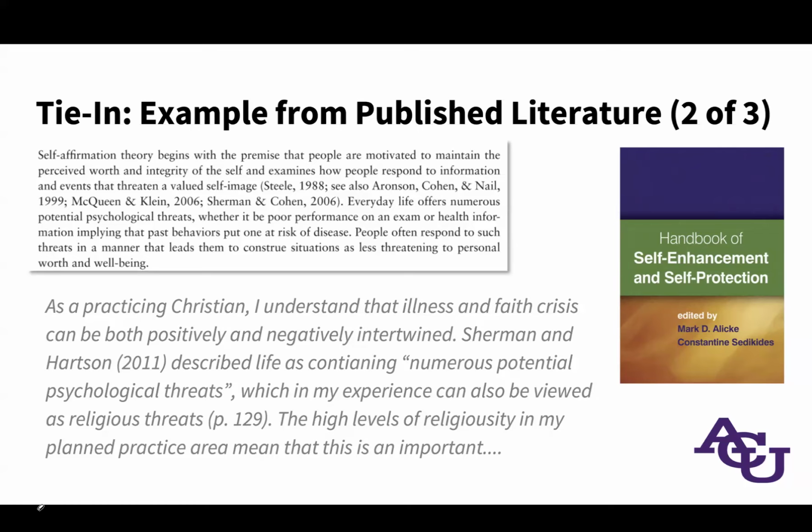The high levels of religiosity in my planned practice area. And that's another thing where, again, make sure that you run spell check, because religious can be spelled with that, but is religiosity spelled that way? Make sure you run spell check to confirm that.